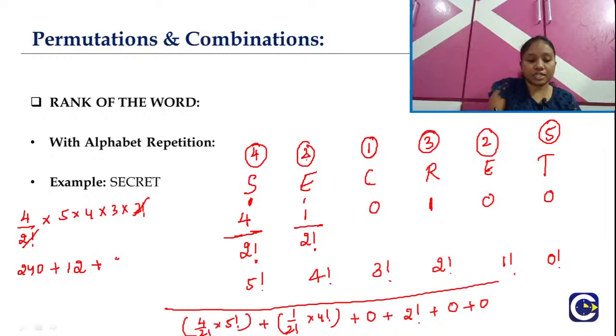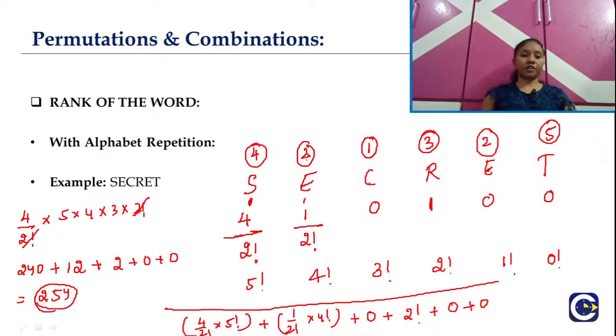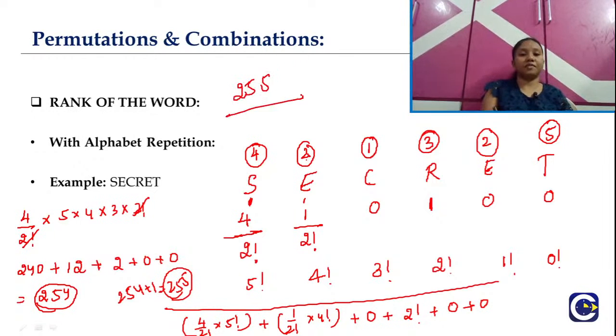And then 0, and then 2, and then 0 and 0. So it will be 14. So after the calculation it is 254. But at last we have to add 1. So 254 plus 1 is equal to 255. So the rank of the word SECRET is nothing but 255.